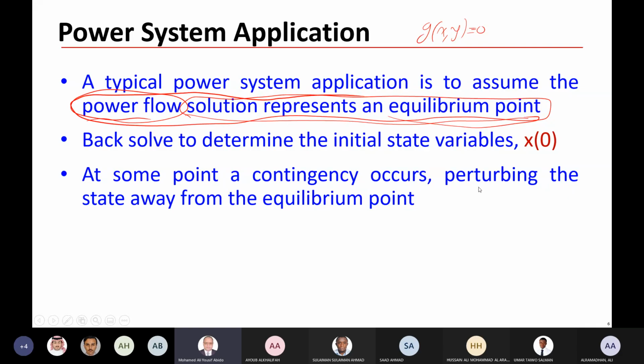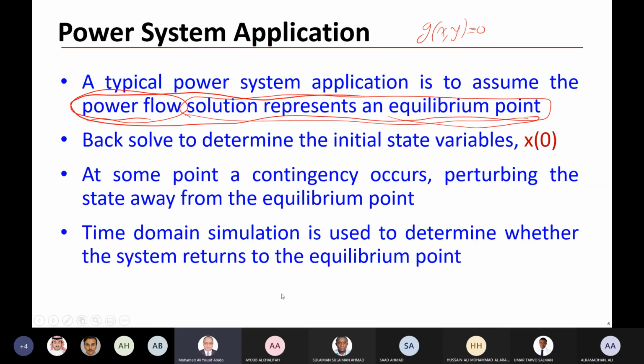At some point a contingency occurs, perturbing the state away from the equilibrium point. The time domain simulation is used to determine whether the system returns to the equilibrium point or not.